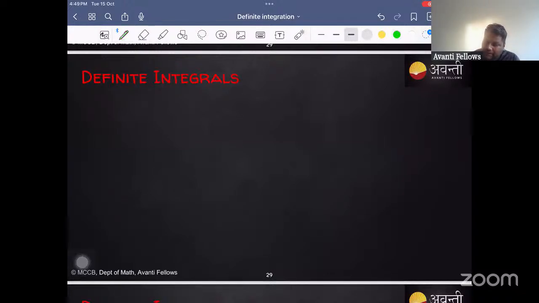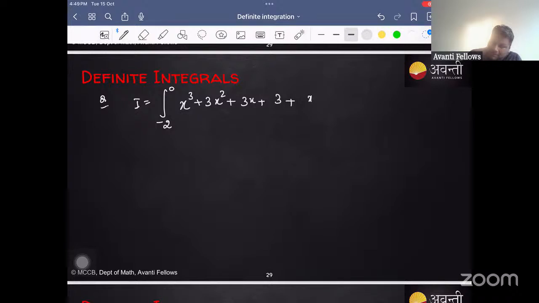Now let's do a very good question. I is integration from minus 2 to 0 of x cube plus 3x square plus 3x plus 3 plus x plus 1 cos of x plus 1 dx. Yes. How will you try it?